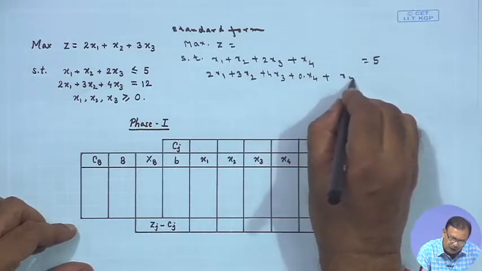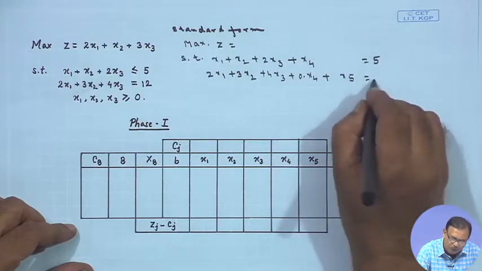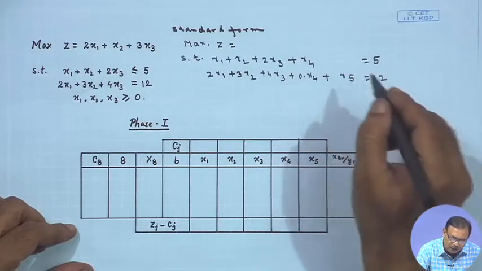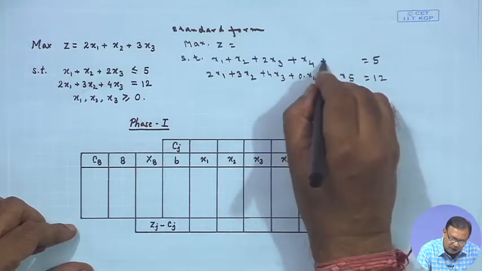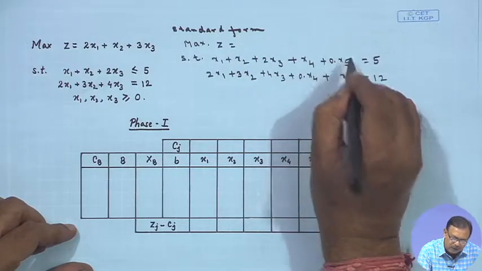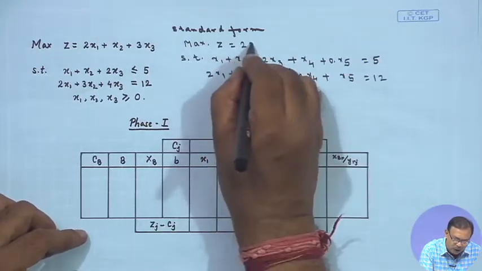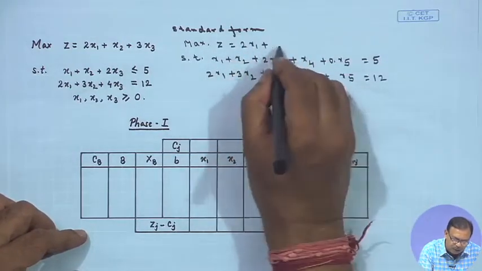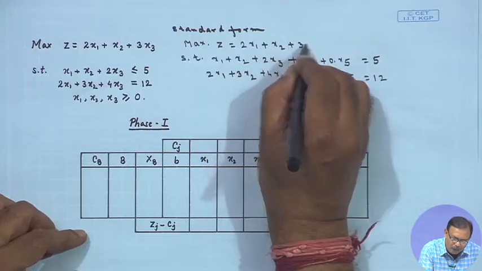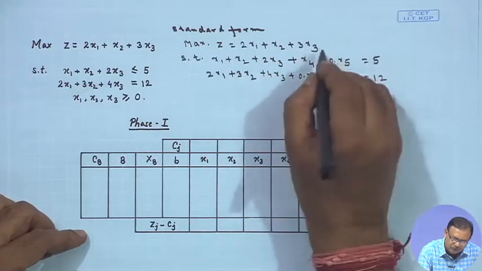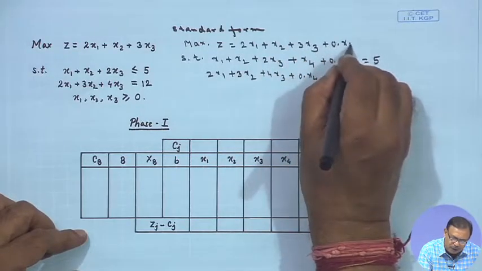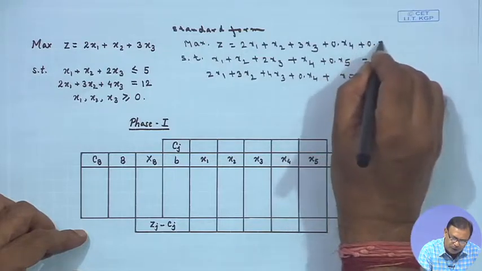So, plus x5, this is equal to 12, and here it is plus 0 into x5. So that you are writing your problem as 2x1 plus x2 plus 3x3 plus 0 into x4 plus 0 into x5.